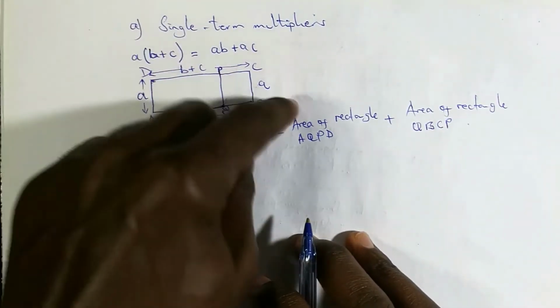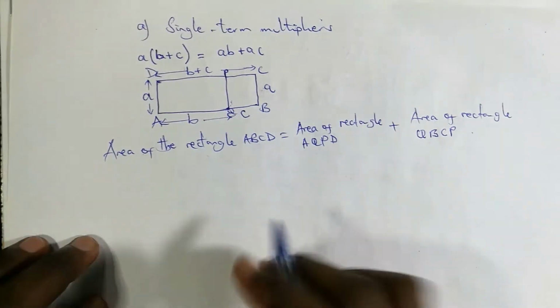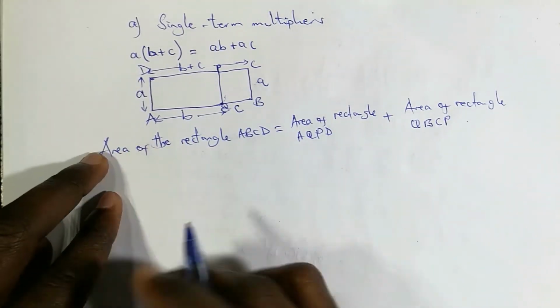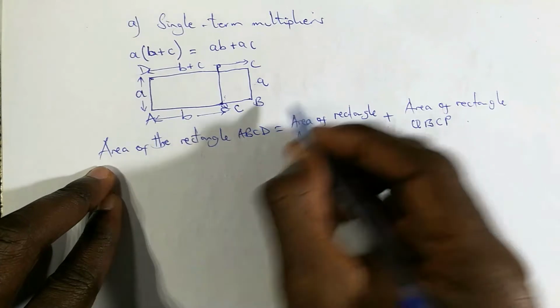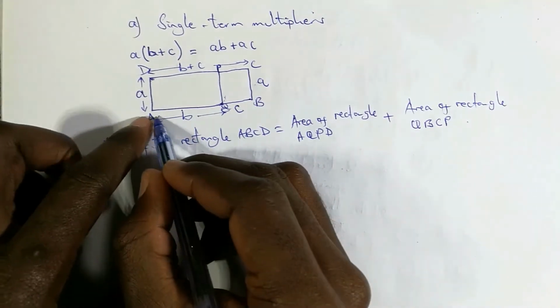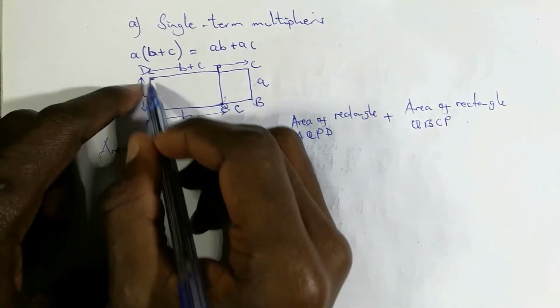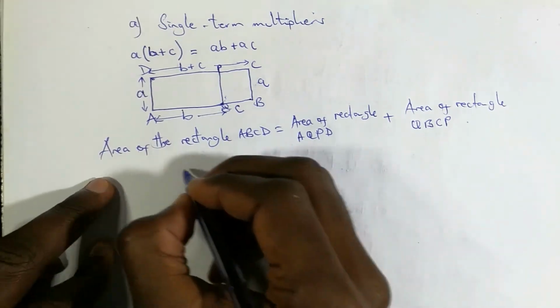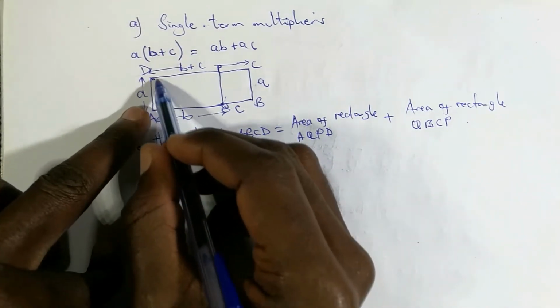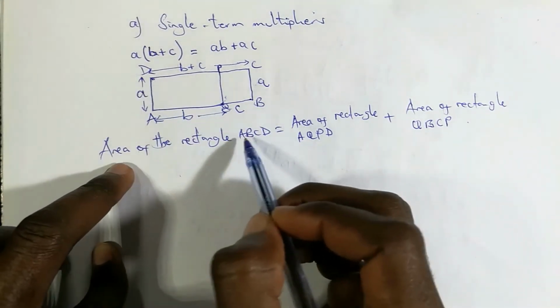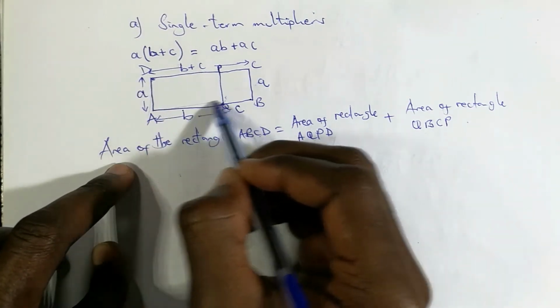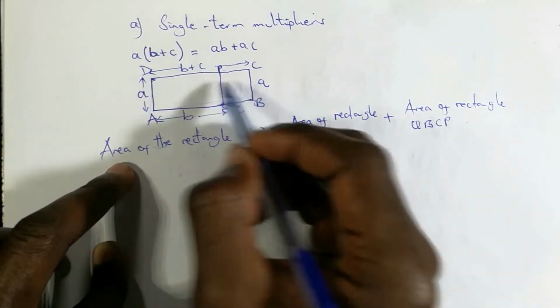That will give us the area of the whole rectangle, and we know that the area of a rectangle is given by length times width. For the rectangle ABCD, the length is going to be from here up to here, that is B plus C, and the width will be simply A.